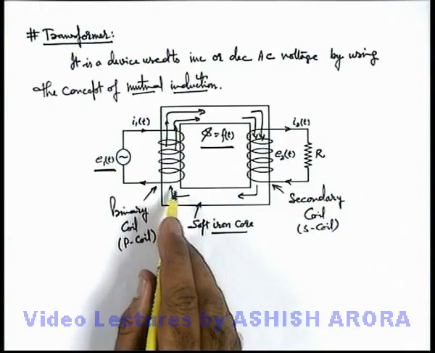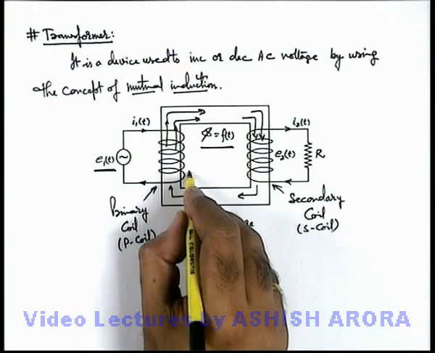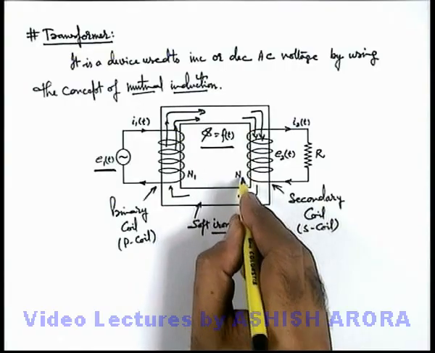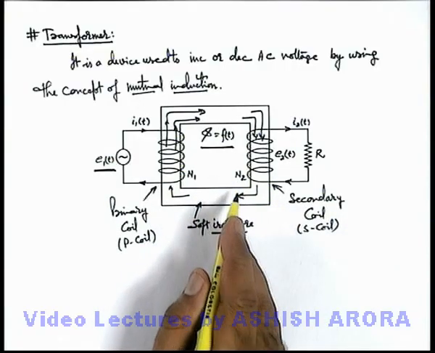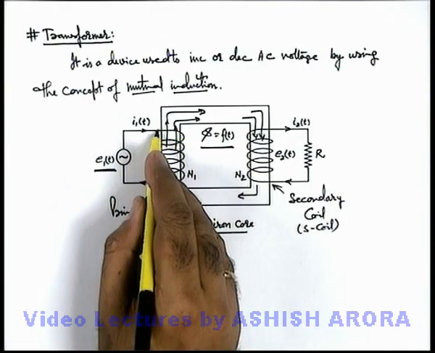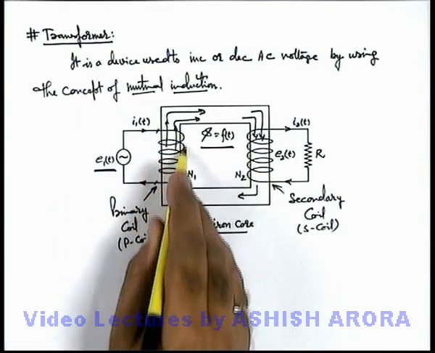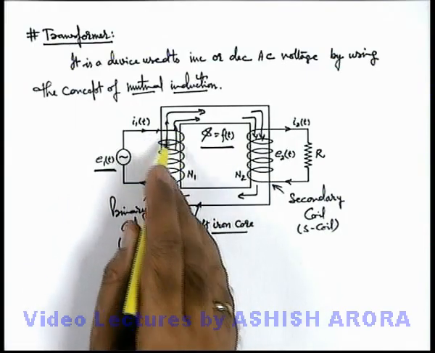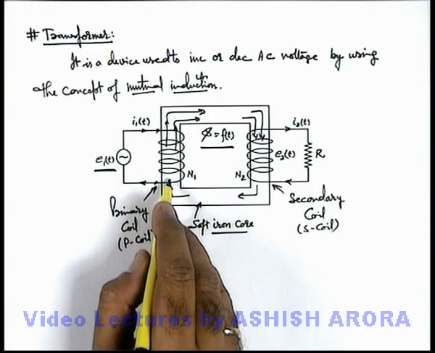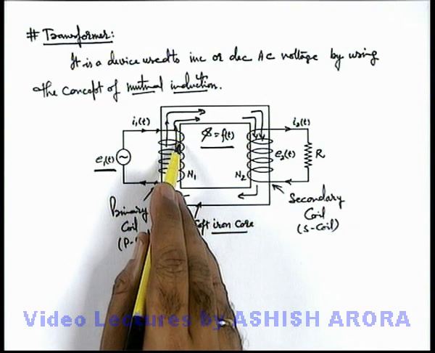So here we can see if N1 are the number of turns in the primary coil and N2 are the number of turns in the secondary coil, then we can directly write E1(t), which is the terminal potential difference of the primary coil. Its total potential difference will always be equal to the rate of change of flux which is linked with this.